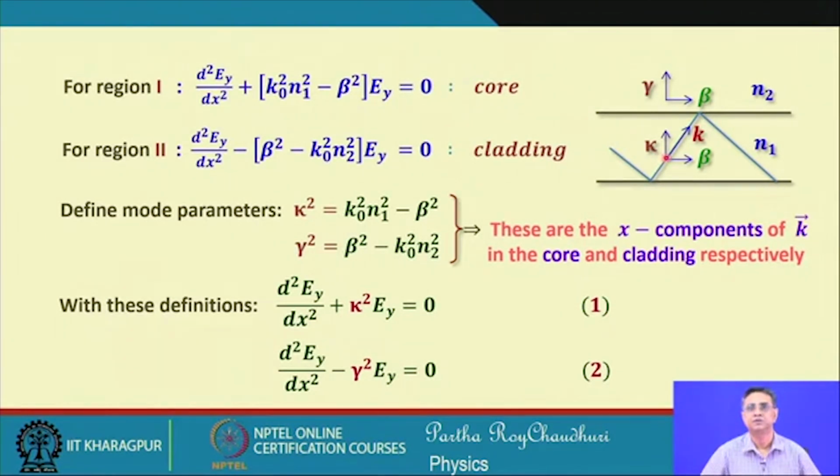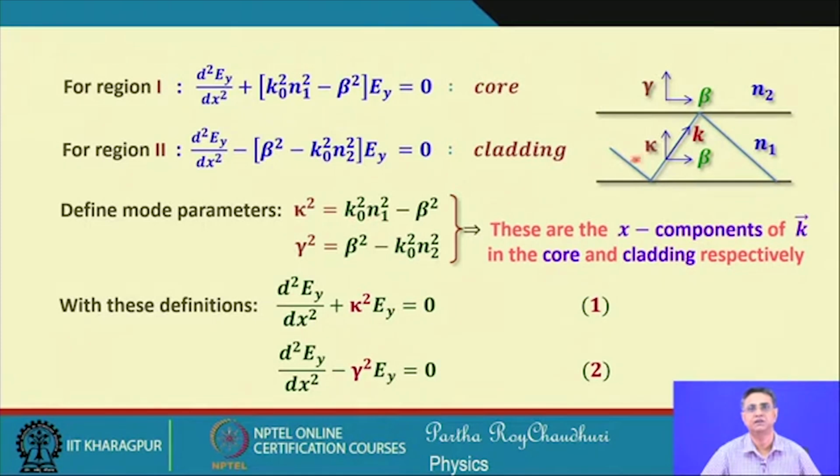So, we get rid of the y component of this k vector. So, the k x and k z, these two constitute k x within the core we have called kappa, and outside this, within the cladding, we call this gamma.